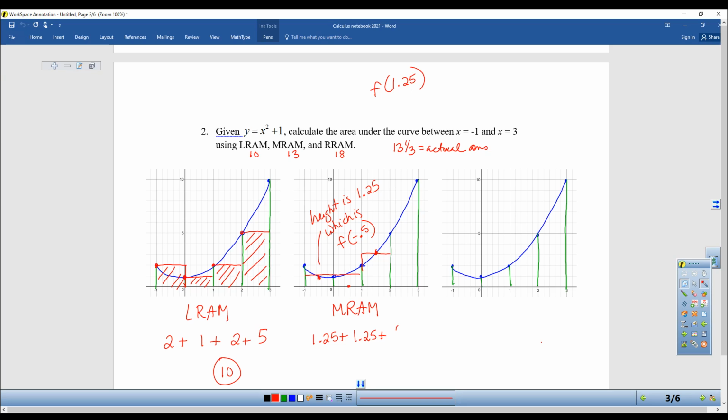Allow me to get out my calculator. I don't know off the top of my head. Oh, sorry, not 1.25. 1.5. Thinking that didn't sound right, which I do know off the top of my head. Which is 2.25 plus 1, so 3.25. Does that look right? 1, 2, 3.25, definitely.